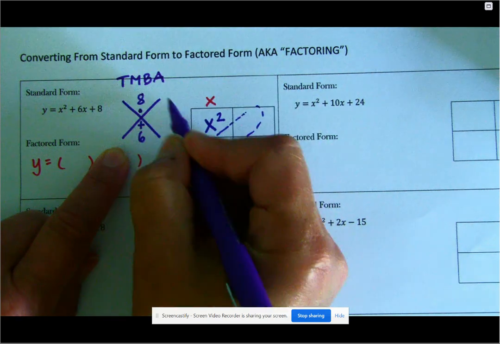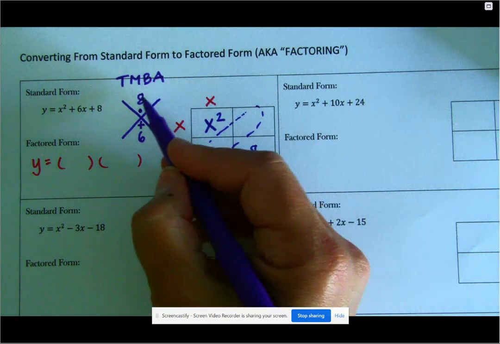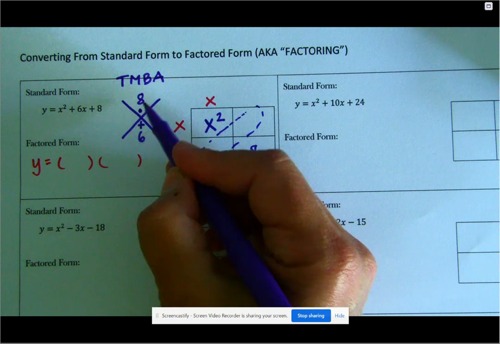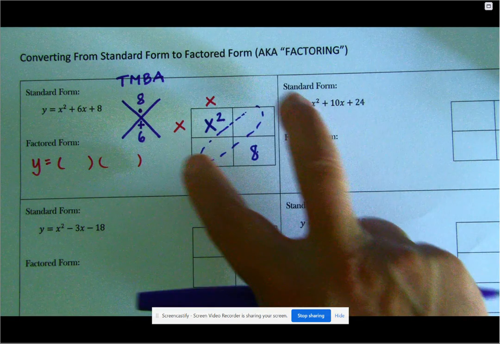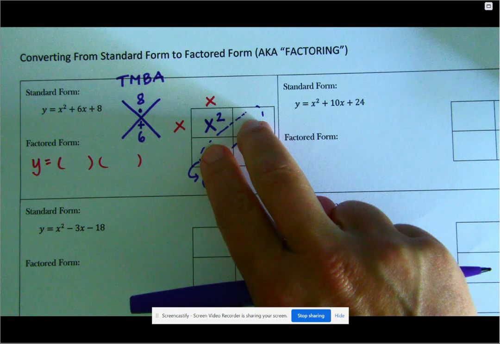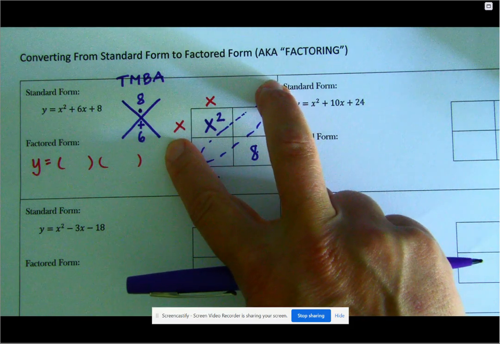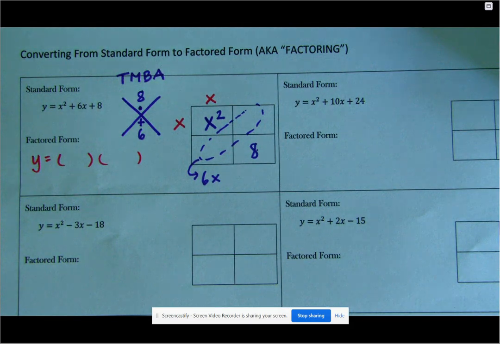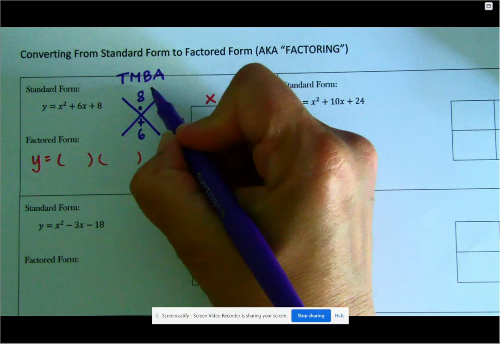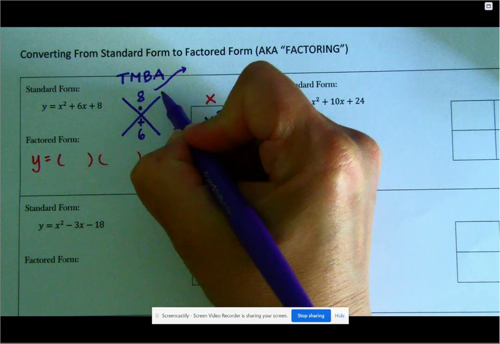So this is just a little structure to help you figure out what two terms go inside here and then go outside here so we can finish factoring. So factors of 8, we want whole numbers or integers that multiply to 8.